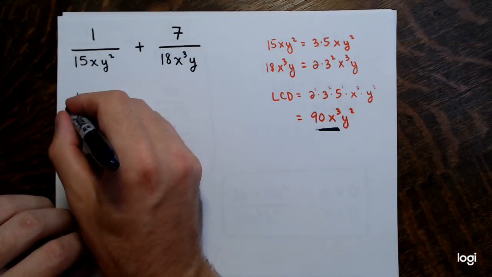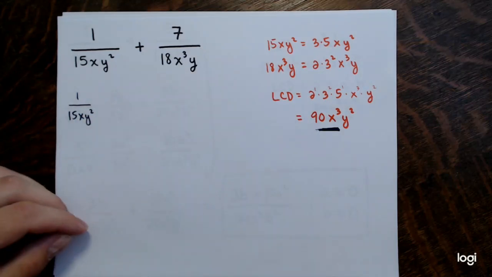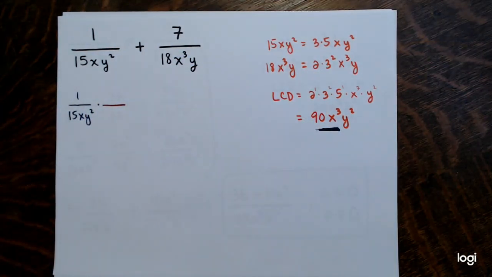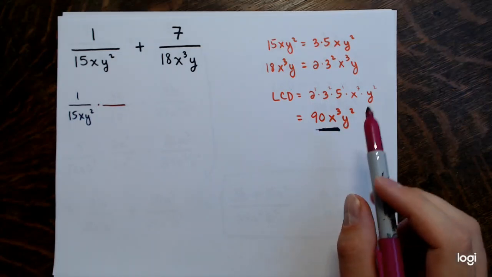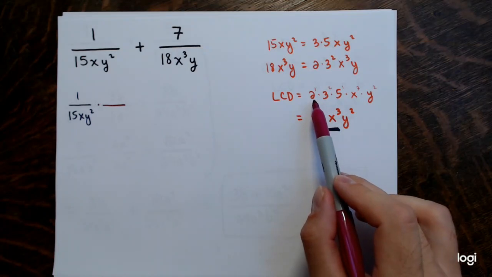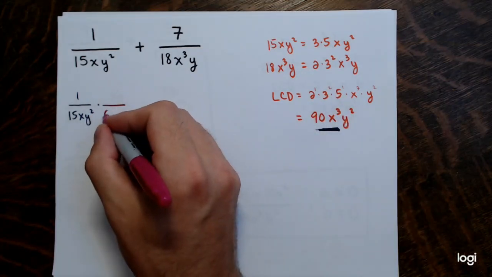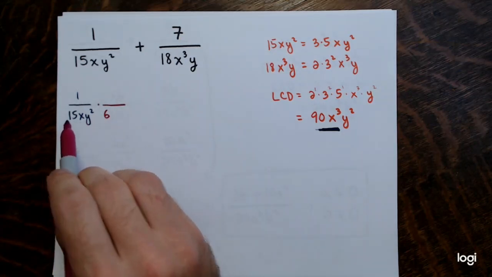So the 1 over 15xy squared, I'm going to multiply the numerator and denominator of this by the same thing, so that we get 90x cubed y squared. Well, let's see, what's that missing? It's just missing a 2 and a 3. So I need to multiply by 6. I need to multiply by a 2 and multiply by 3. And 6 times 15 is 90.